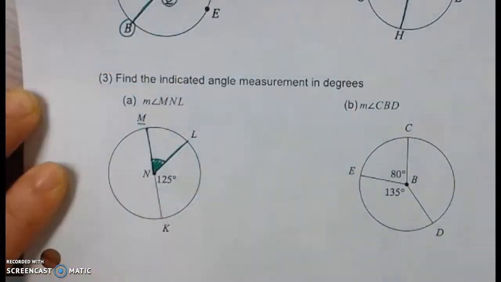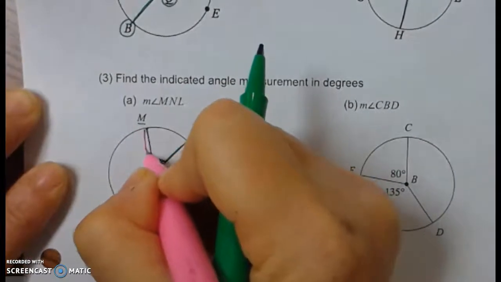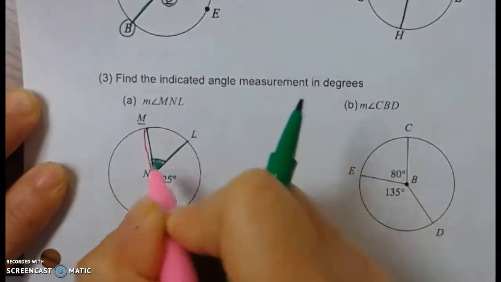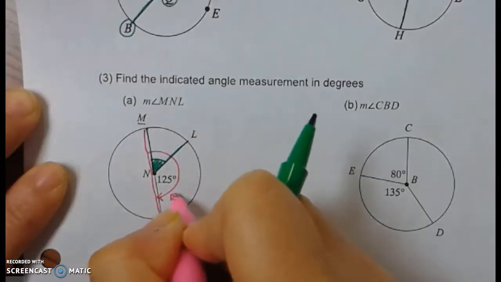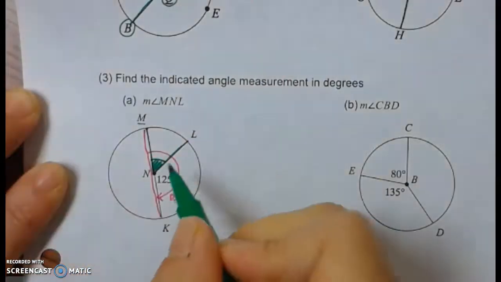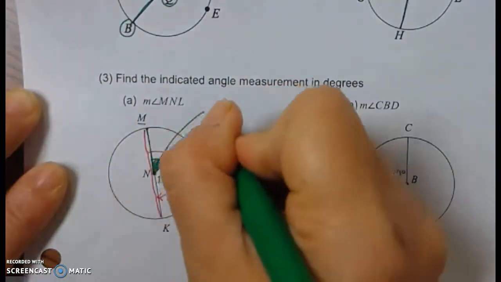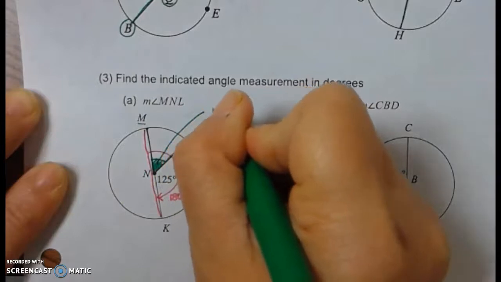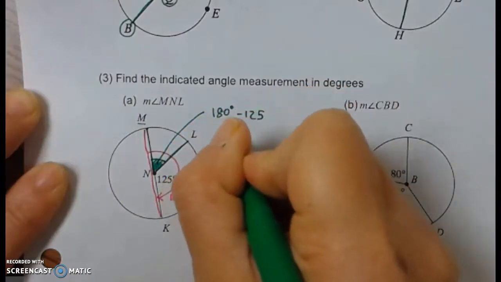Well, do you see that this line is a straight line? That means I know that this is 180 degrees. I already have 125 degrees here, so this angle measure is going to be 180 degrees take away 125, and that's going to be 55 degrees.